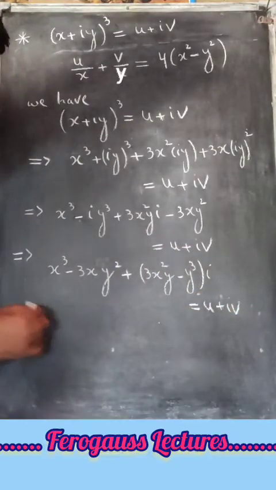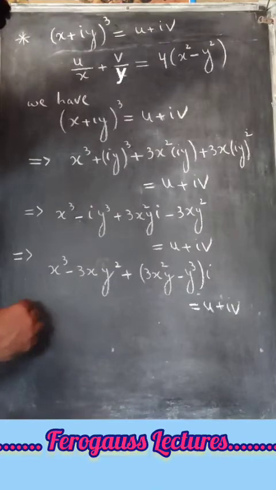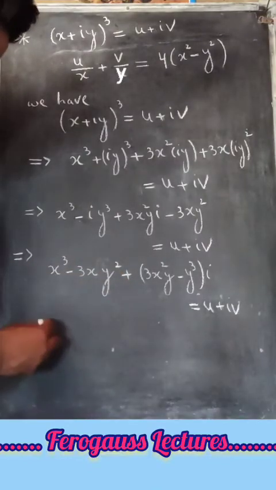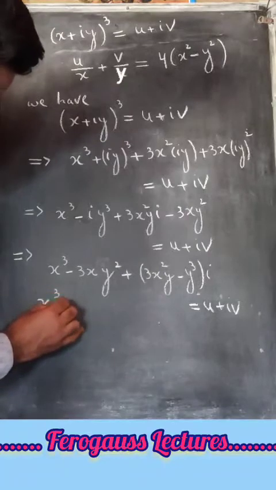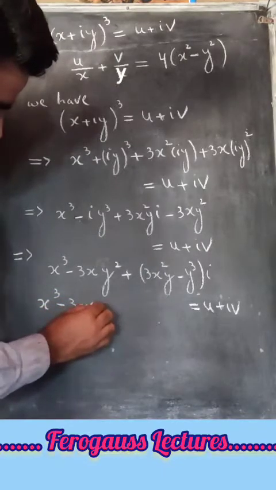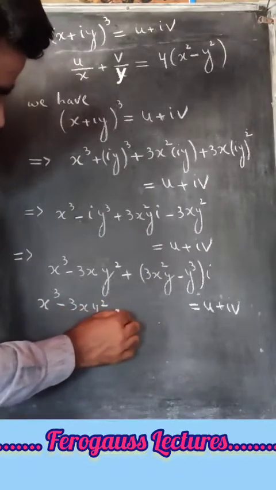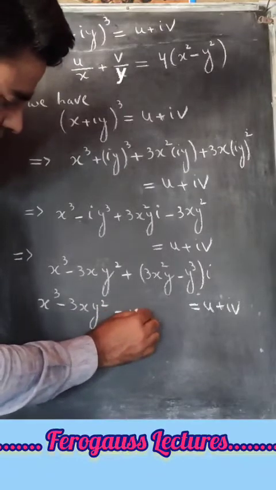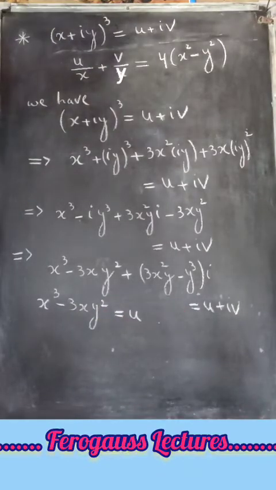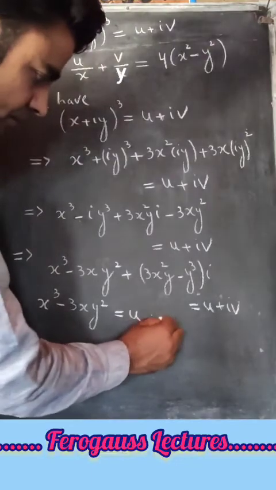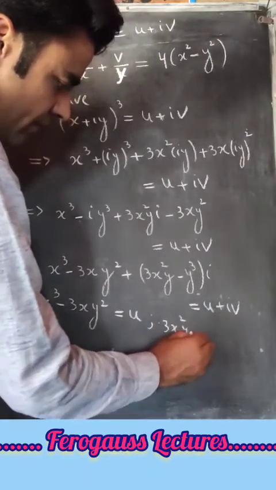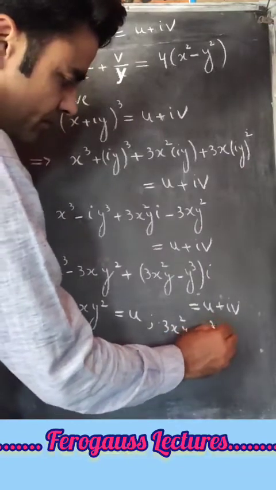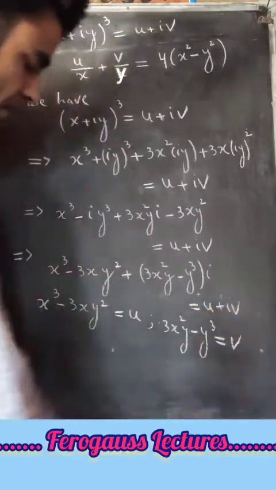So on equating, we get x cube minus 3x y square is equal to u, and 3x square y minus y cube is equal to v.